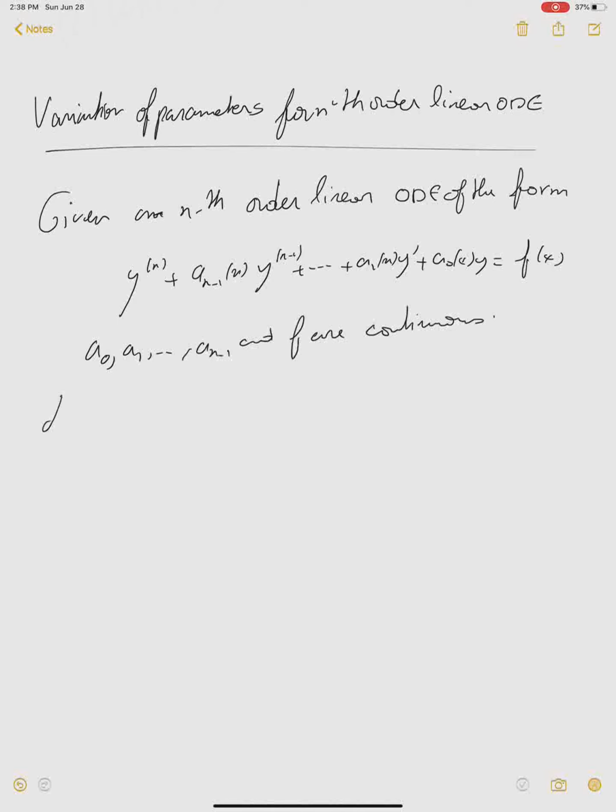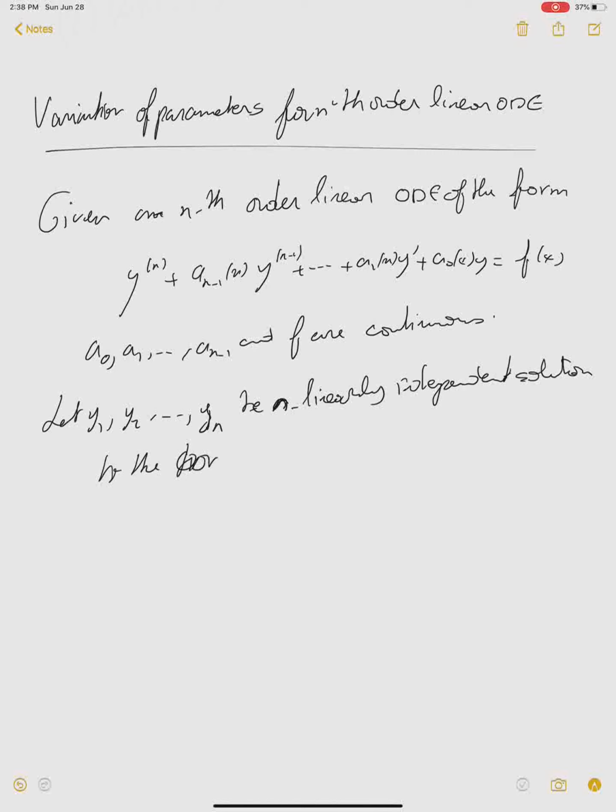Okay, let y_1, y_2 up to y_n be n linearly independent solutions to the homogeneous ODE L(y) = y^(n) plus ... plus a_1(x) y' plus a_0(x) y equal to 0.